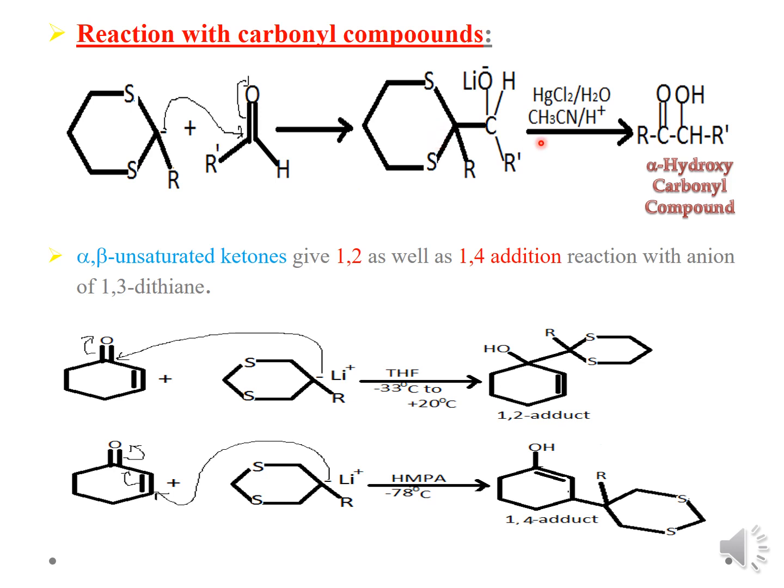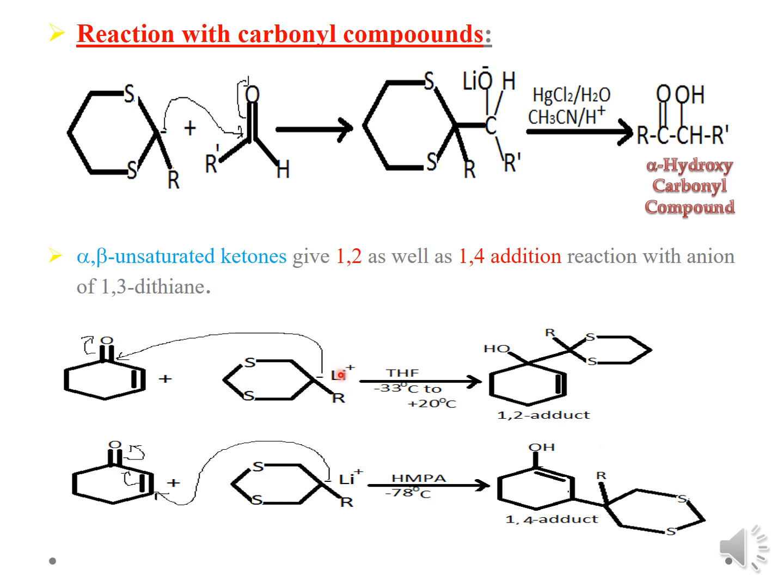This gets deprotected, so you will result in an alpha hydroxy carbonyl compound. I have told you how to number it as alpha, beta after the functional group like the carbonyl carbon, and that time this carbon will become the alpha. So in the alpha position a hydroxy group is attached, so it is an alpha hydroxy carbonyl compound.